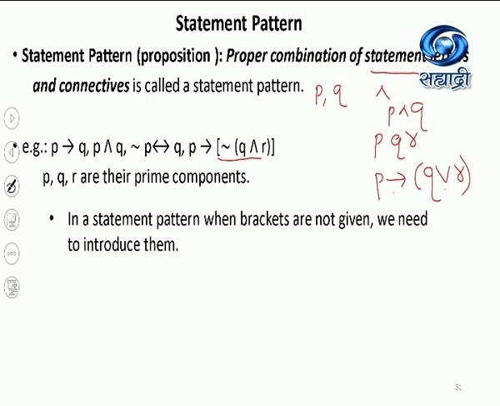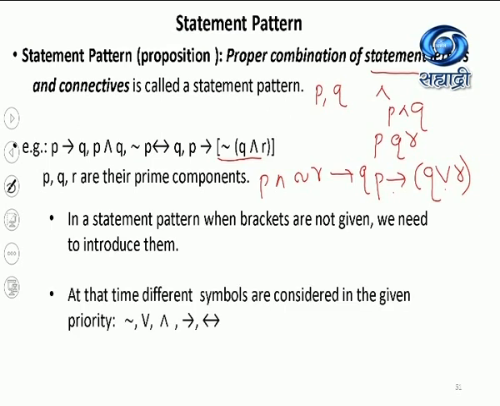In a statement pattern, when brackets are not given, we need to introduce them. For example, suppose I have something like this, how will I understand where to put a bracket and how will I combine this statement pattern? For that we have a hint: while introducing the brackets, we generally use the priority of the symbols used for the connectives in the sequence negation, or, and, implication, double implication.